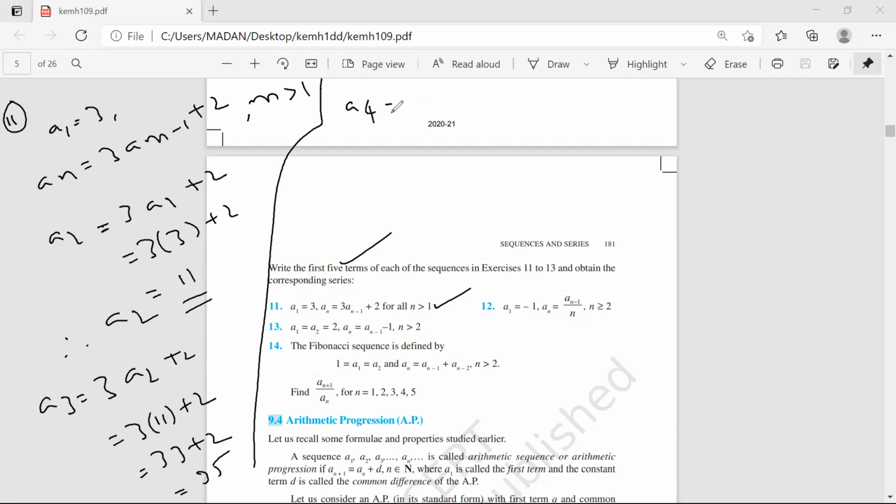Find A4. 3 into A3 plus 2. What is A3? 35. 3 into 35 is 105, plus 2 is 107.